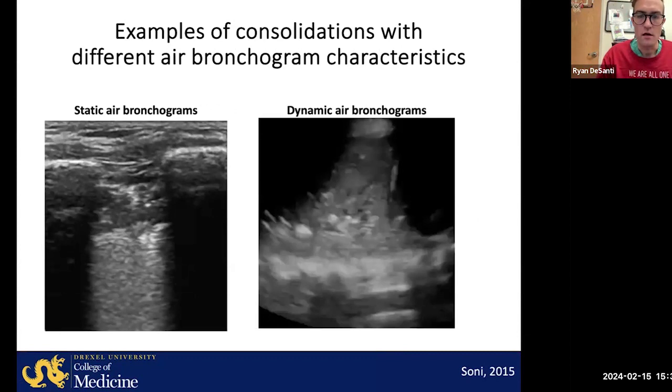And then, as I said, consolidations can also have bronchograms within them. The characteristics of the bronchogram can help us differentiate what might be causing the consolidation.